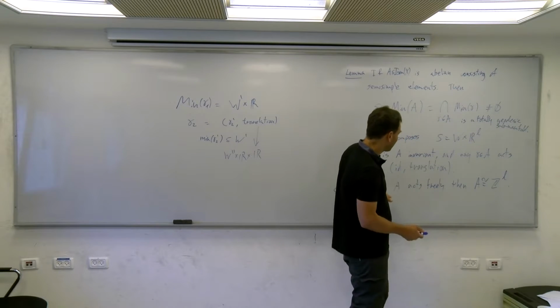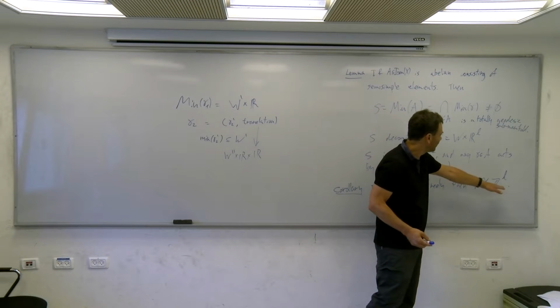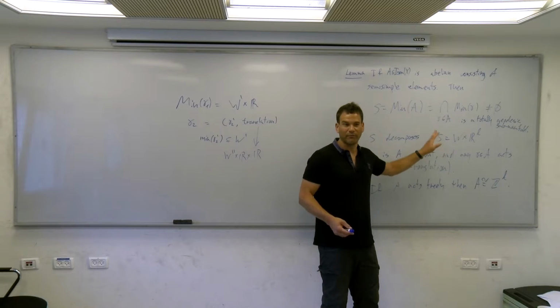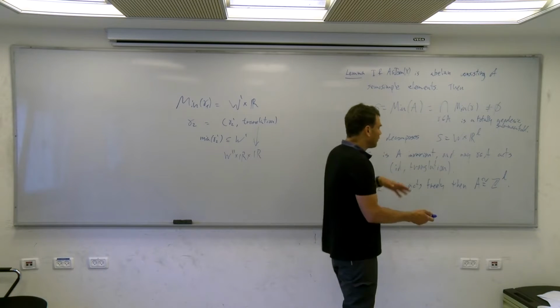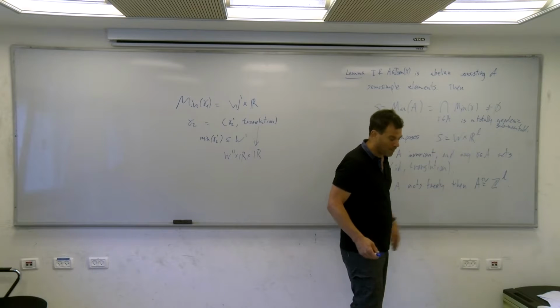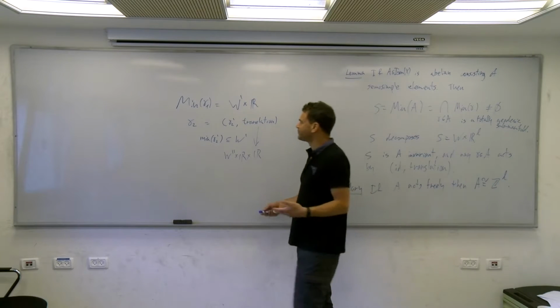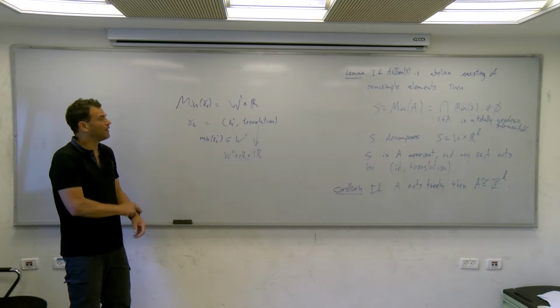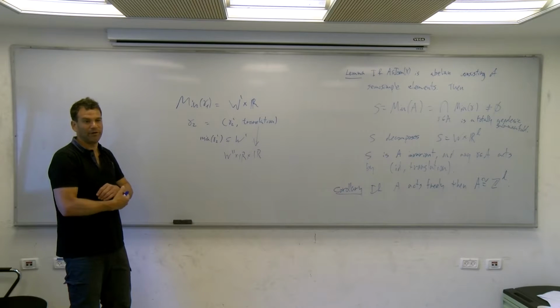So then you would say that A is isomorphic to Z to the K, where K is at most L. But you can add it to this place where it acts trivially. Okay, this is basically the action of an abelian isometry group. It's very, very nice.